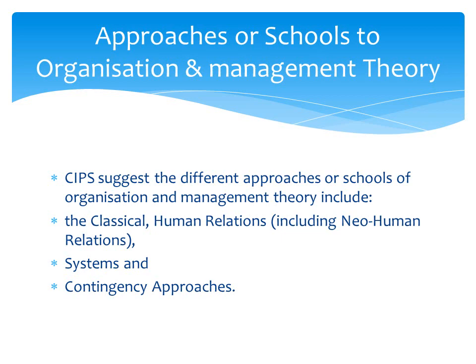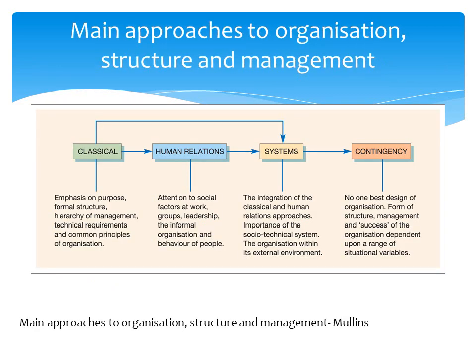systems and contingency. So here's one from the Mullins textbook, which gives us a nice overview of how approaches to structural management have developed over time. We've got the first theories, classical, going back to the 20s: formal structure, hierarchies.